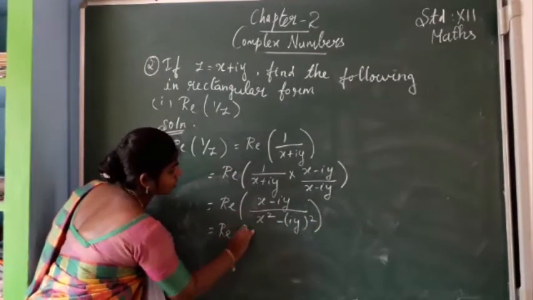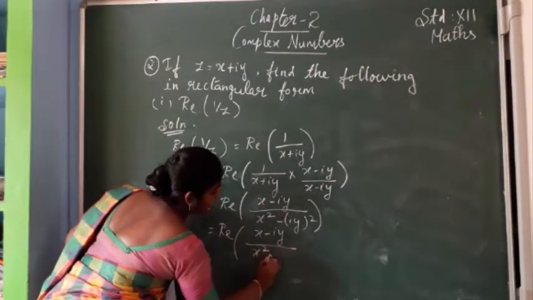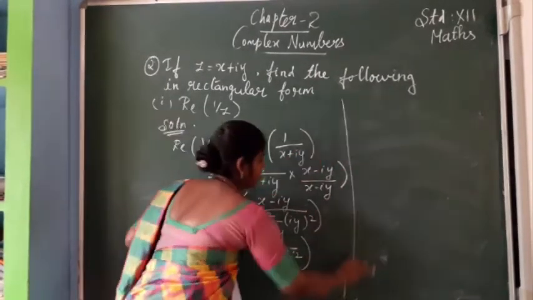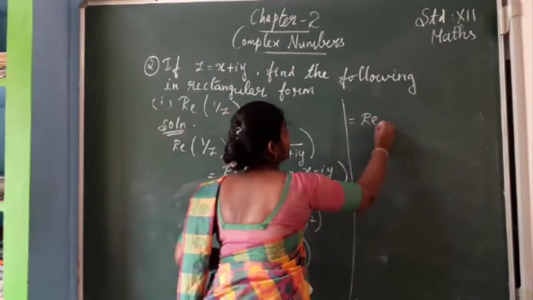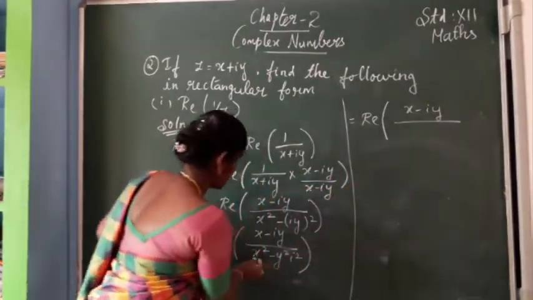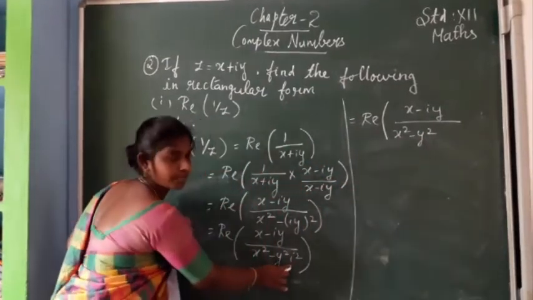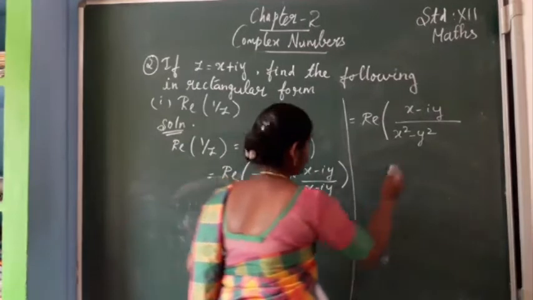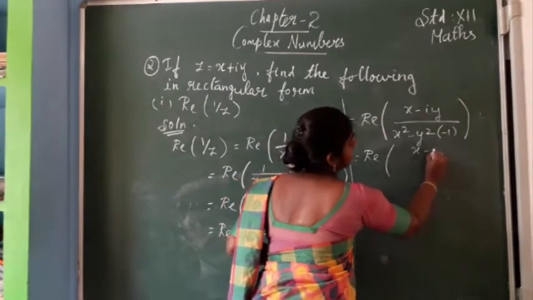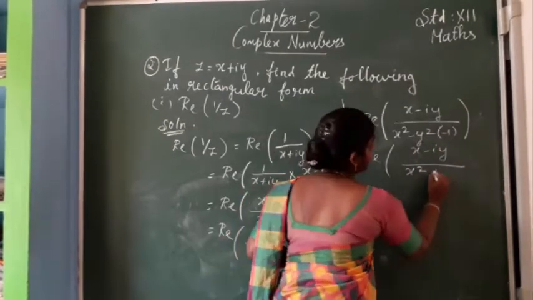That is x square minus y square i square, and i square value is minus 1. So real part of (x minus iy) divided by x square minus into minus plus y square.